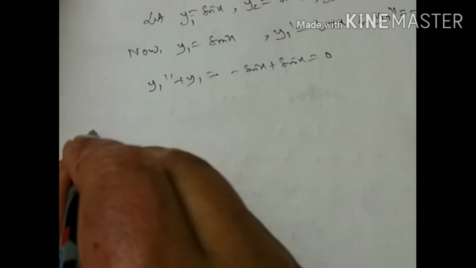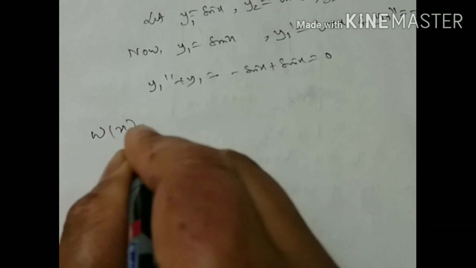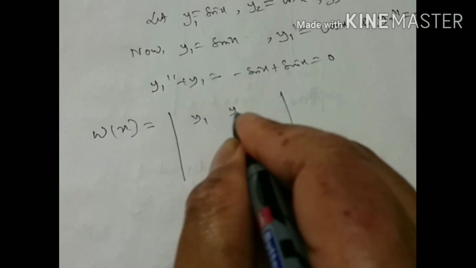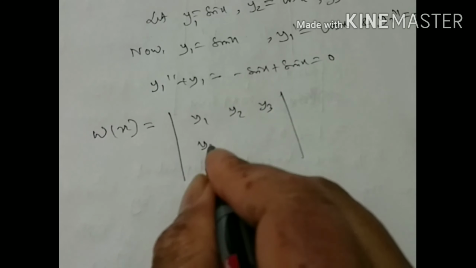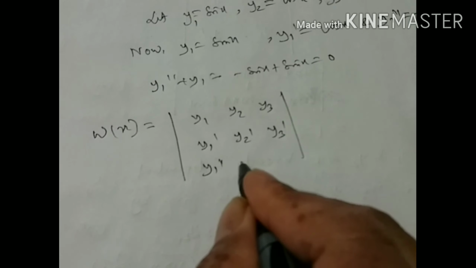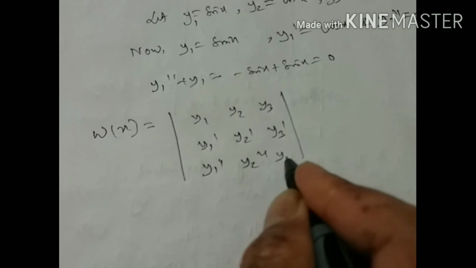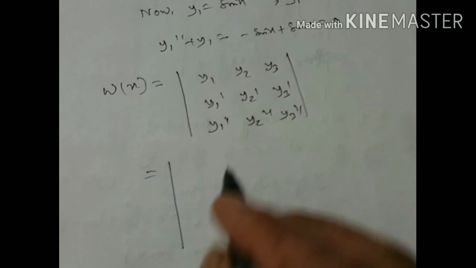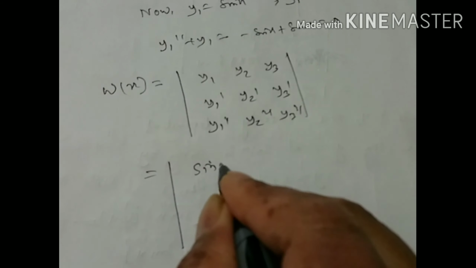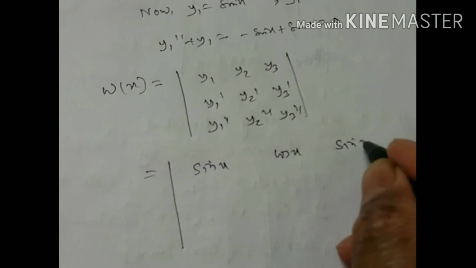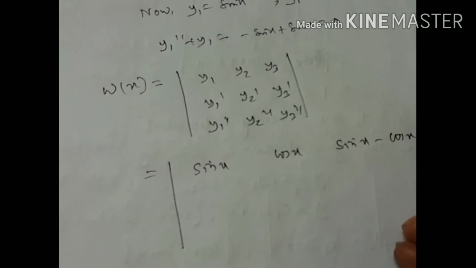Now to find the Wronskian of these three functions, this is W of x. The first row is y1, y2, y3, the second row y1 dash, y2 dash, y3 dash, and the third row y1 double dash, y2 double dash, y3 double dash. So putting the values, y1 is sin x, y2 is cos x, and y3 is sin x minus cos x.